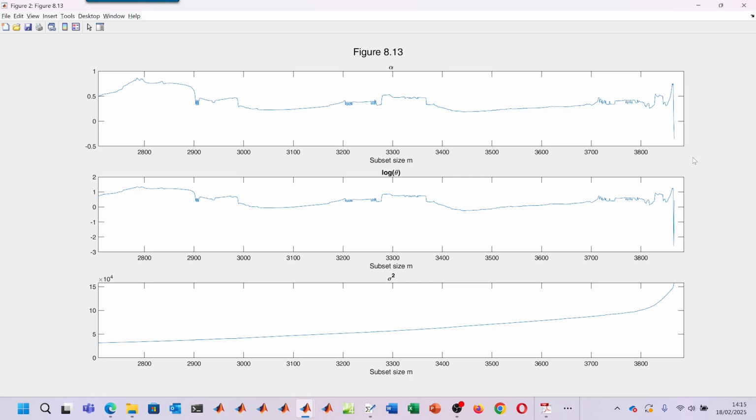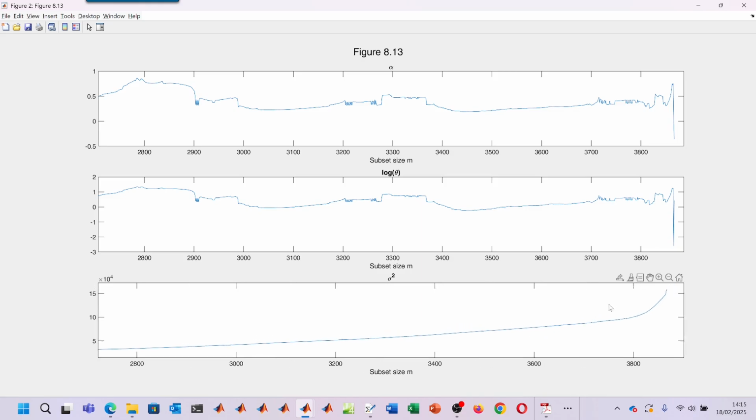We can see that most of the searches, both the alpha parameter and log theta as a numerically convenient transformation of gamma, oscillate around a sort of horizontal line, but suddenly, at the very end of the search, we see that both parameters drop sharply. The estimate of sigma squared, on the other hand, increases, as is often the case in regression models, gently with the value of m, but finally here, it suddenly again increases at the very end.